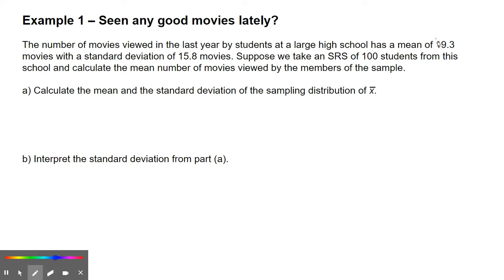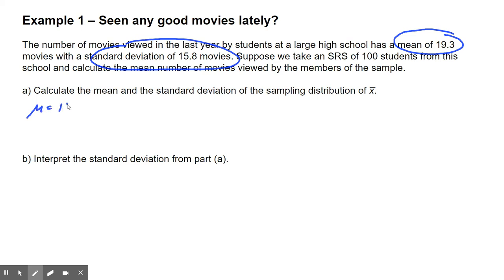So our mu is 19.3 movies, our standard deviation is 15.8, and we are looking at samples of size 100. To find the mean of our sampling distribution, mu sub x bar, it's equal to the mean of the population, 19.3 movies.